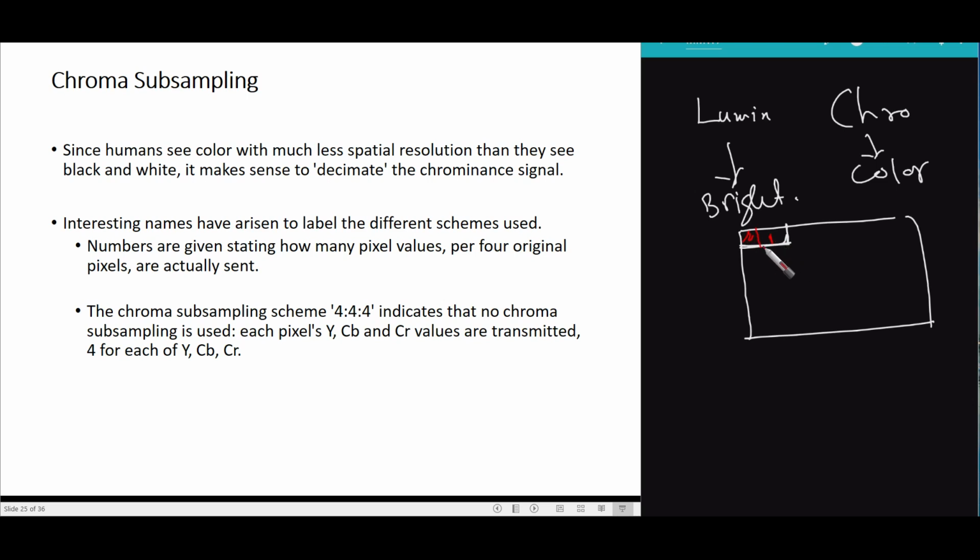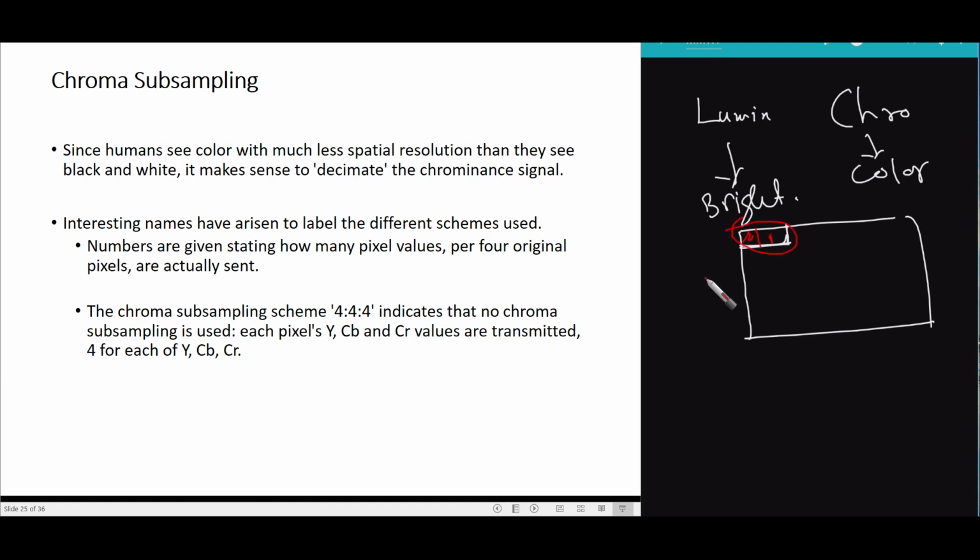Now very interestingly, if this pixel has a different color from this pixel, our eye can't easily determine this. So that means color information is less sensitive than brightness information to our brain and retina systems.